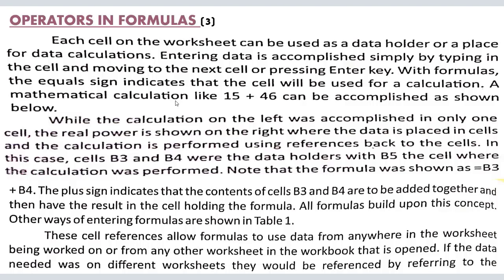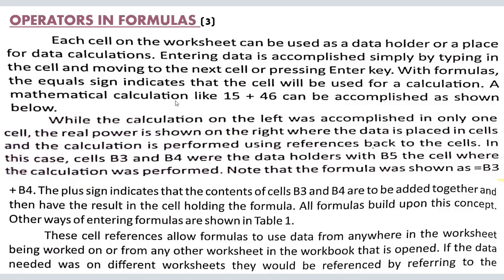While the calculation on the left was accomplished in only one cell, the real power is shown on the right, where the data is placed in cells and the calculation is performed using references back to the cells. In this case, cells B3 and B4 were the data holders, with B5 the cell where the calculation is performed. Note that the formula was shown as B3 plus B4.